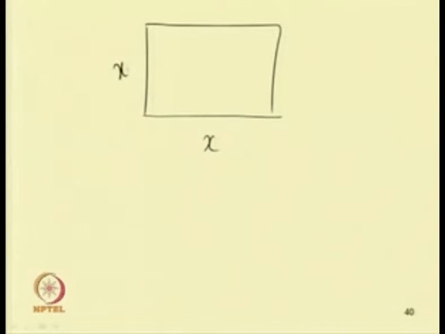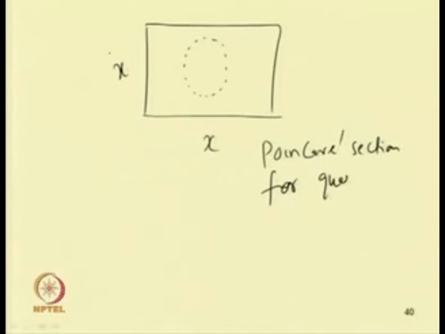Similarly, in case of the quasi periodic response, one can find the Poincare section, and this Poincare section will be in the form of a closed loop. So this is the Poincare section for the quasi periodic response.